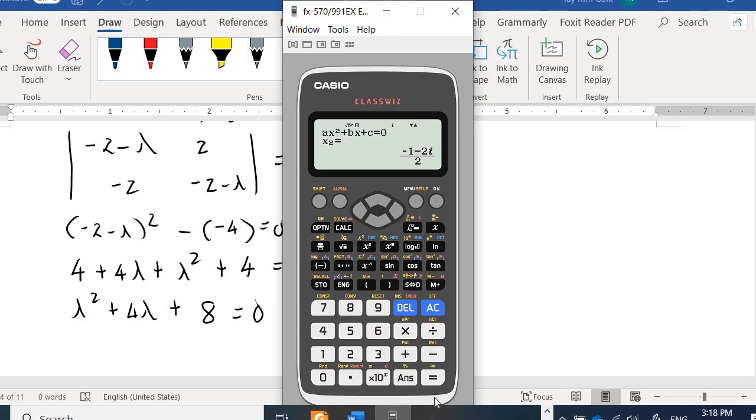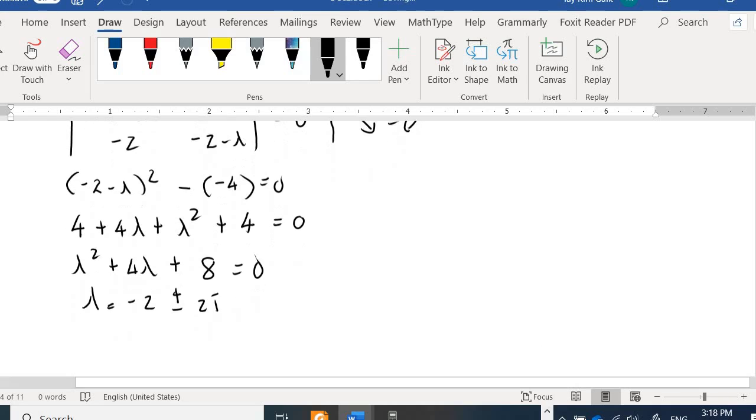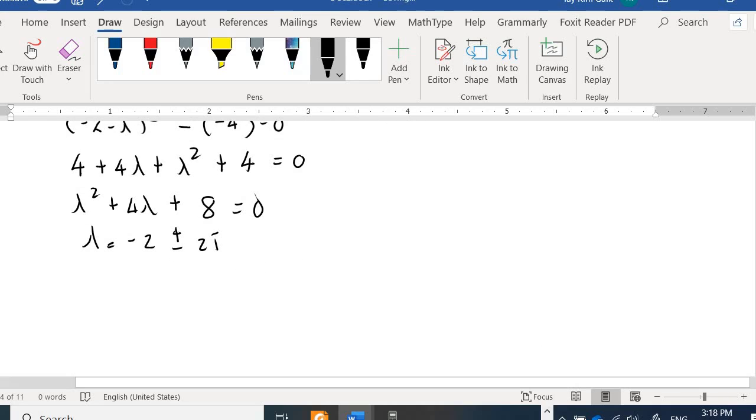I mean, you just use your scientific calculator here, key in 1, 4, 8. So you have negative 2 plus 2i, negative 2 minus 2i. So your lambda is negative 2 plus or minus 2i. Okay, so first step done.